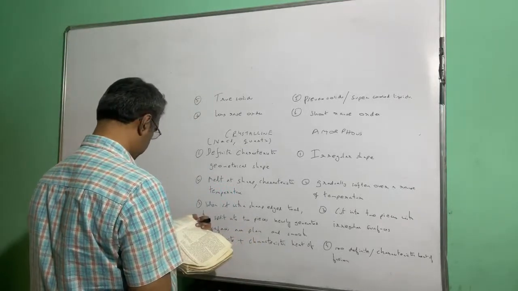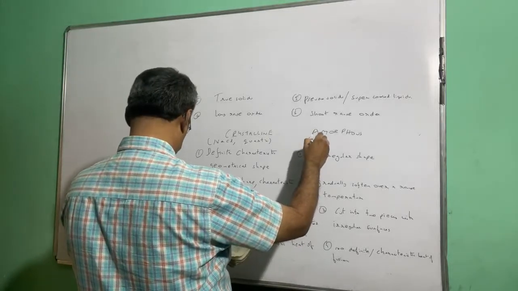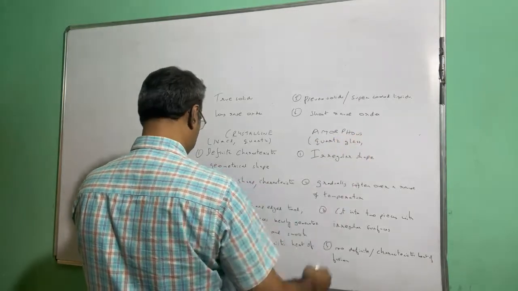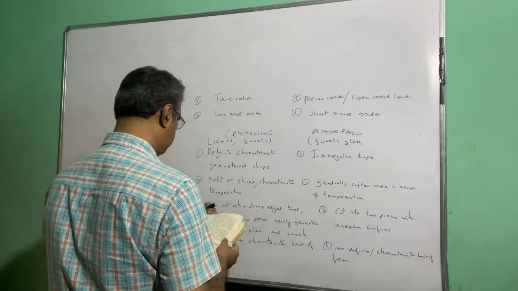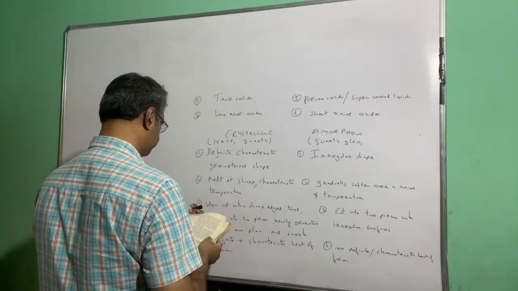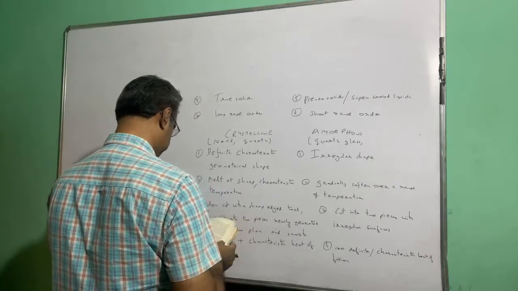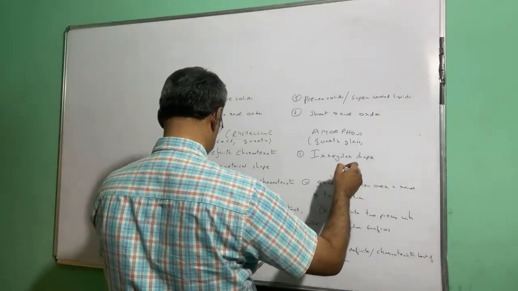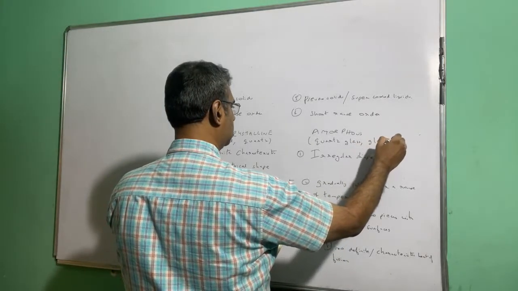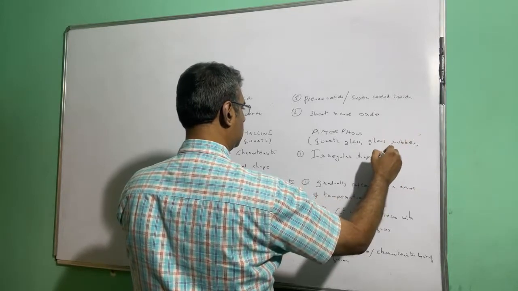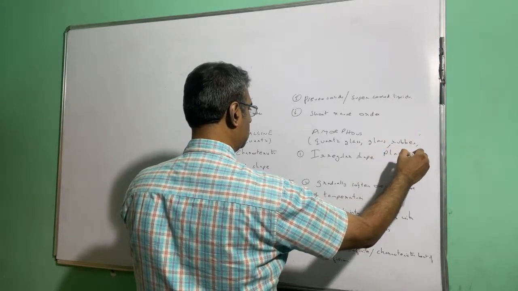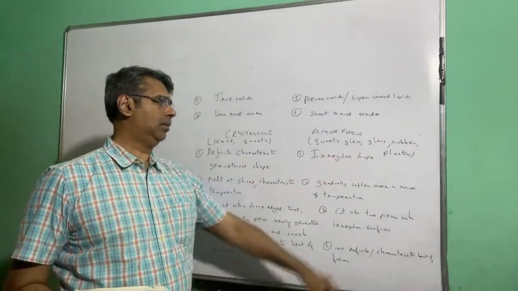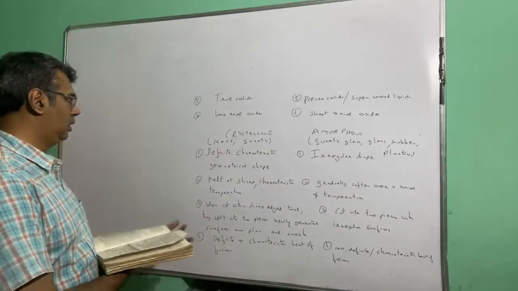And amorphous examples are quartz glass, rubber, plastics. So these are all amorphous, and crystalline is NaCl and quartz.